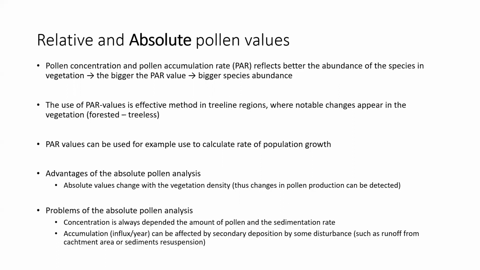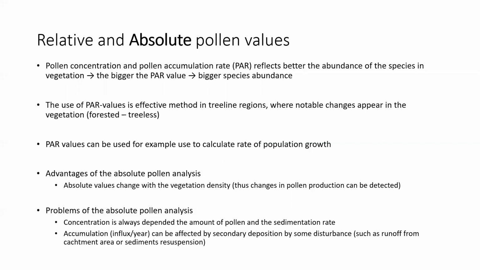And also, if we want to look, for example, at changes in the pollen production of certain species, we can look into the absolute pollen values. But then there are also some problems. The concentration is always depending on the amount of pollen or the sedimentation rate.